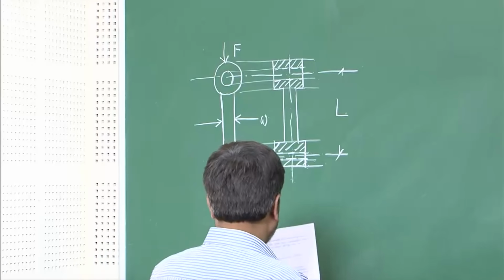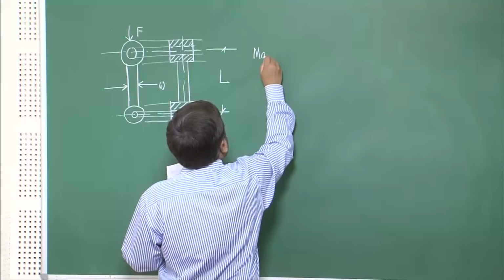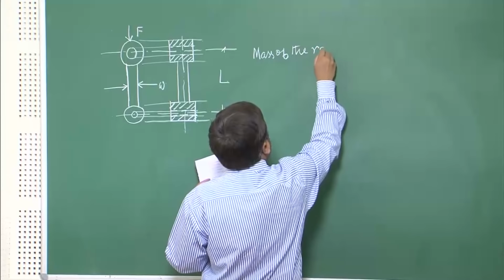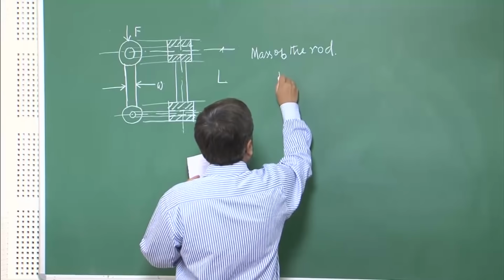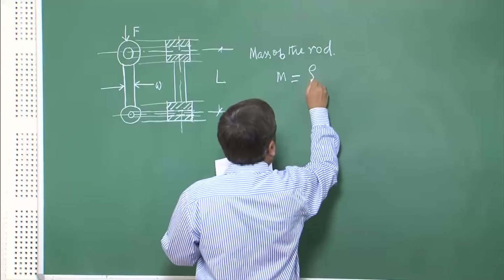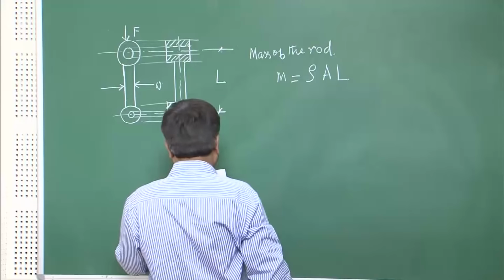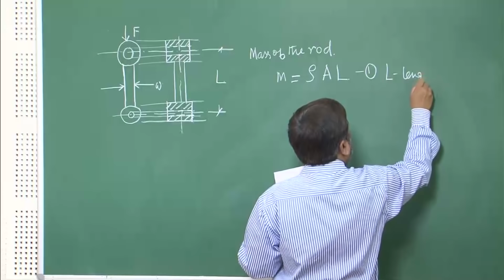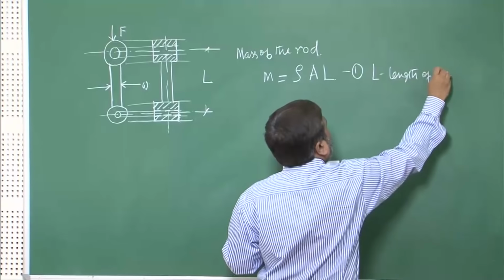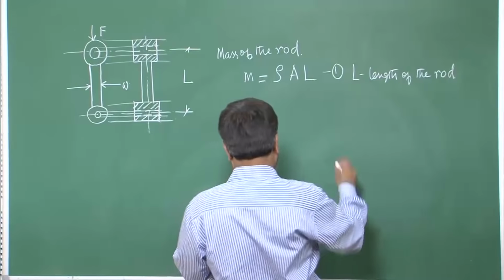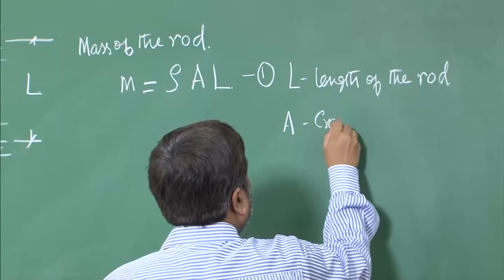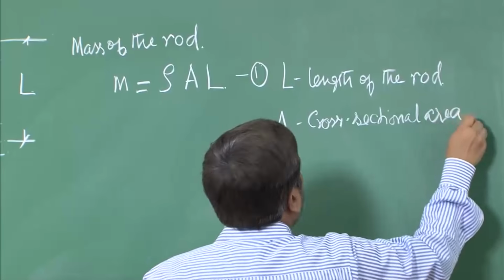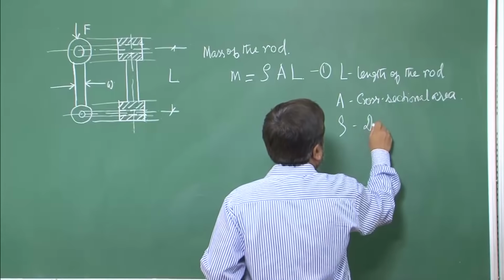Okay. So what is the mass of it? Let us say again, if we neglect the two sides, then the mass of the rod M equals simply rho A L, and here L is the length of the rod, A is the cross sectional area, and rho is the density of the material.